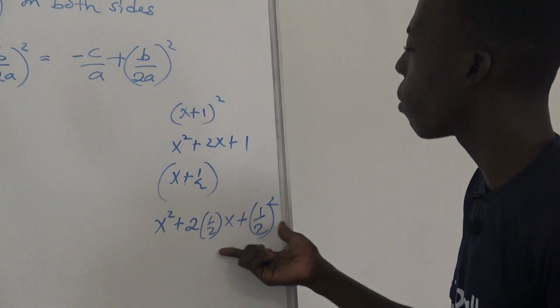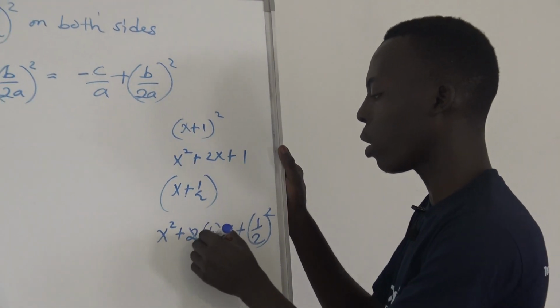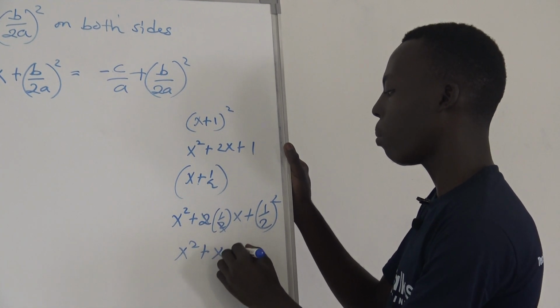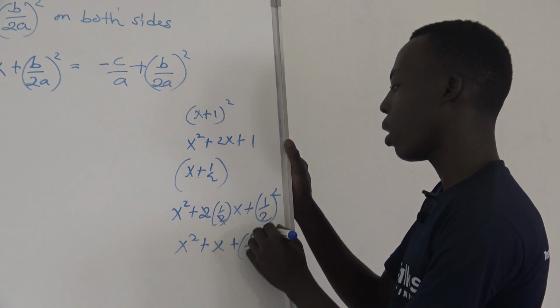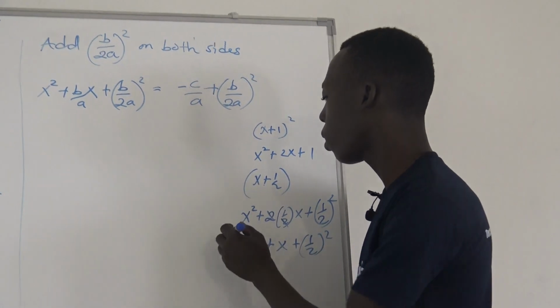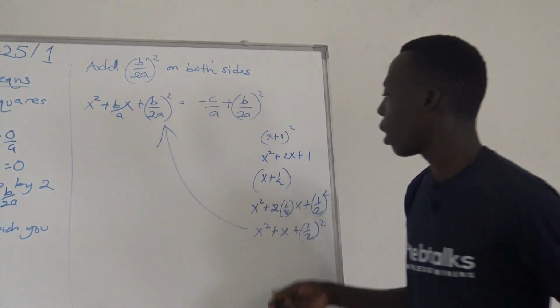So this one is the same thing we have here. So when you try to reduce this one and this one to have x squared plus x, then plus a half squared. So this thing is the same like this.